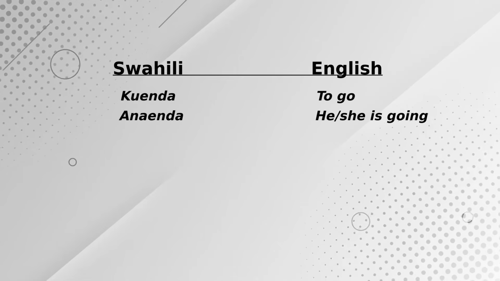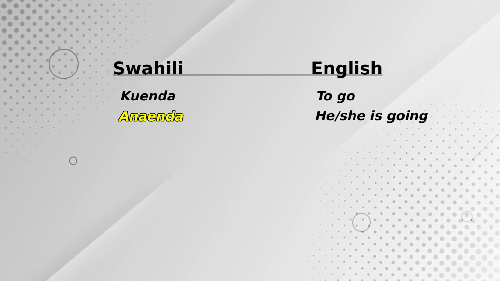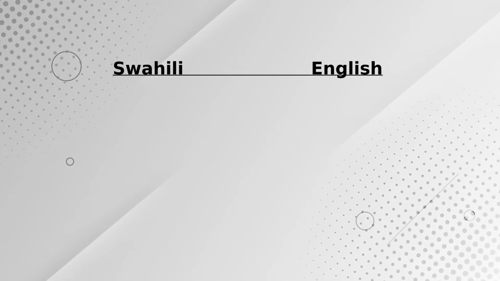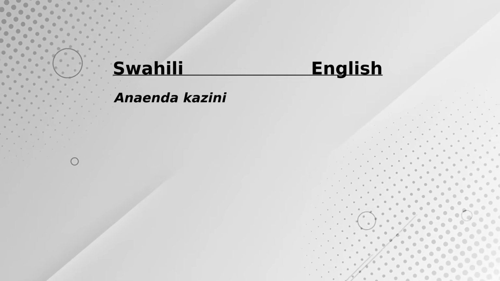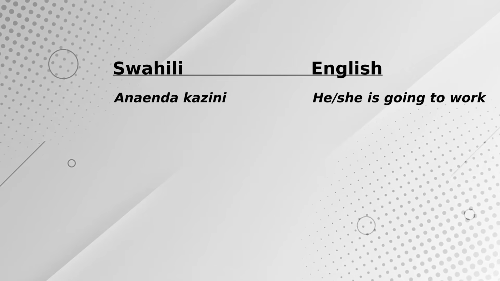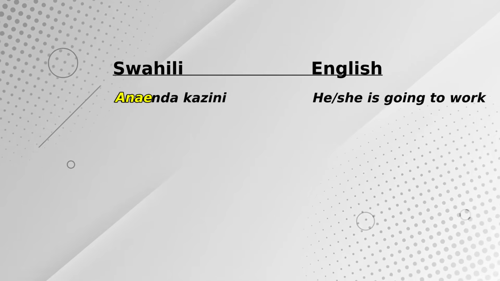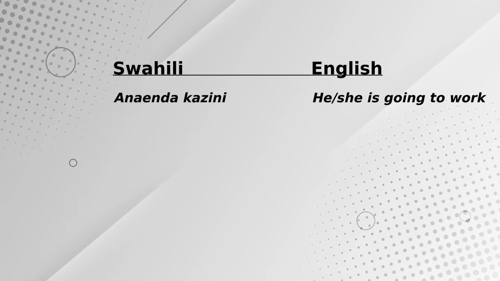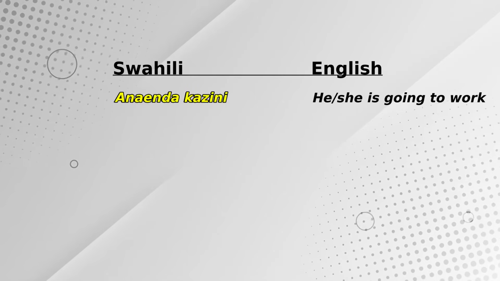One more time. Anaenda. Good. So you can give an example like anaenda kazini. He or she is going to work. So repeat after me. Anaenda kazini. One more time. Anaenda kazini.